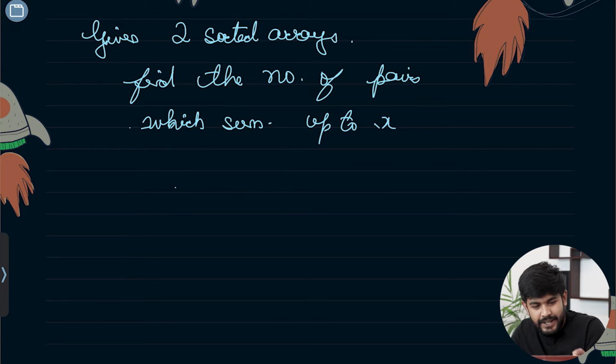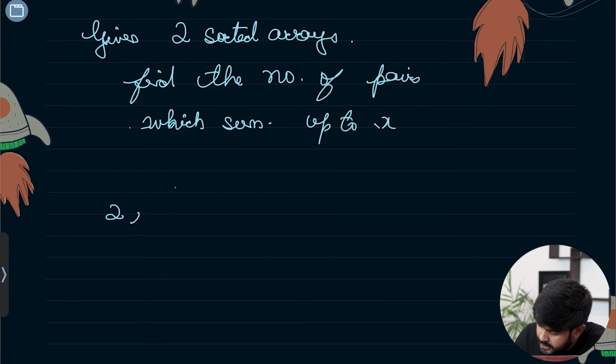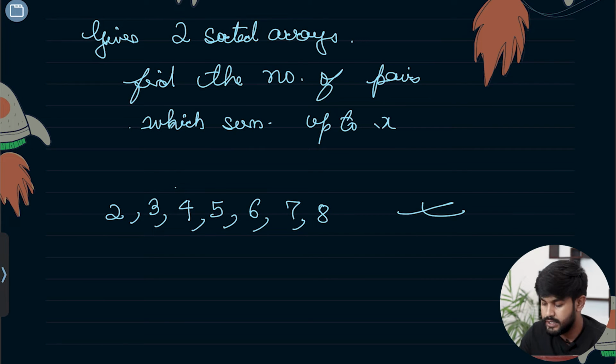How? Let's just write the sorted version of the first BST. That would be 2, then 3, then 4, then 5, then 6, and then 7, then 8. This is the in-order traversal of the first BST.